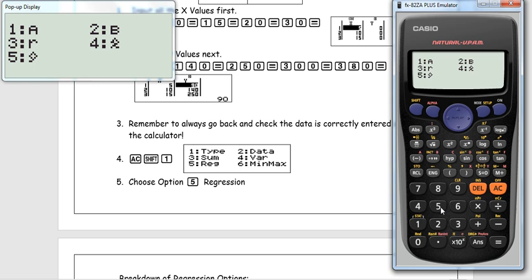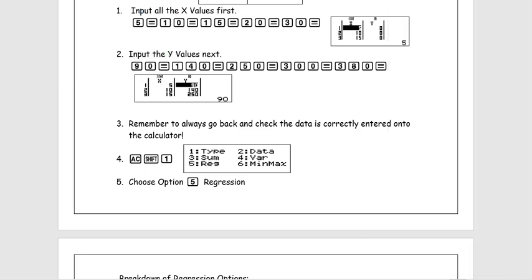Okay, now comes another menu. Let me explain to you what each of these stands for.